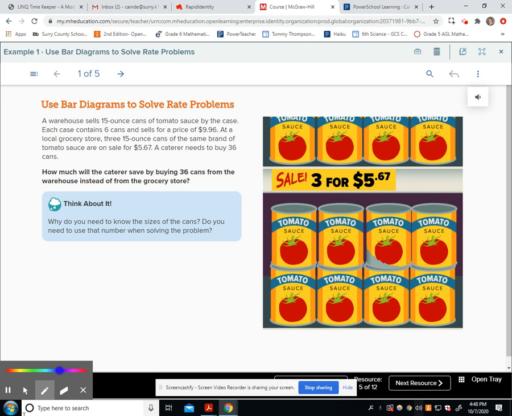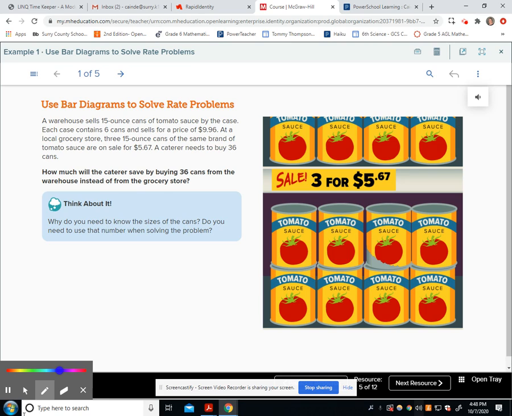The information tells us that a warehouse sells 15-ounce cans of tomato sauce by the case. Each case contains 6 cans and sells for a price of $9.96.